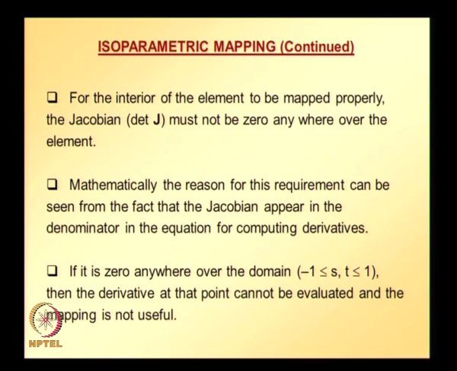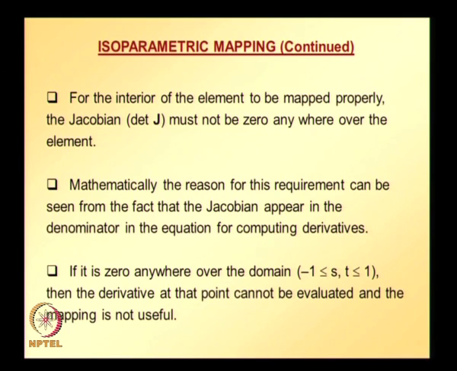So, we cannot find the derivative at that point and the mapping is not going to be useful. And we will illustrate these issues related to mapping by considering some numerical examples.